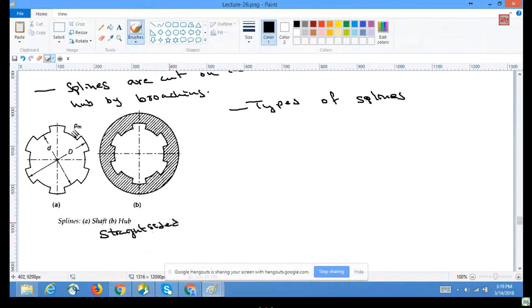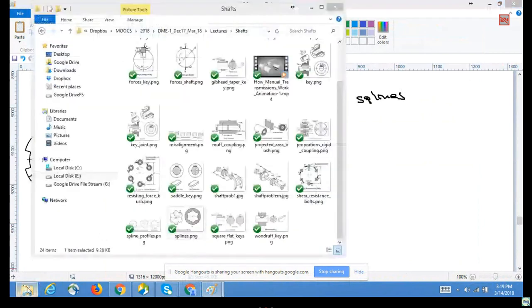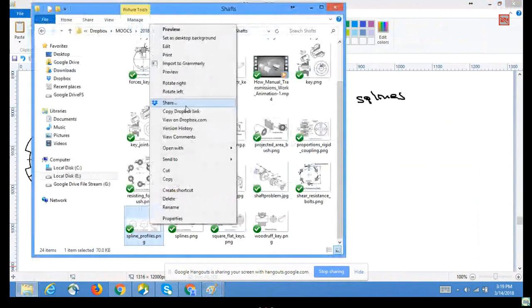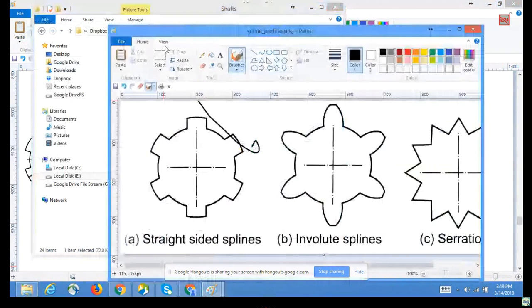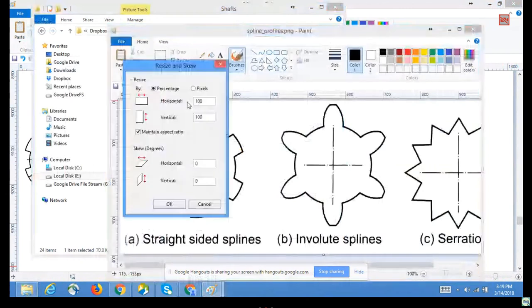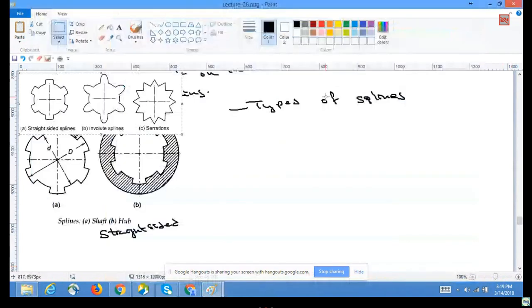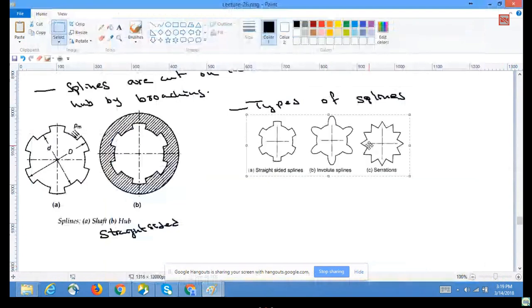Then there are involutes and serrations, which are like this. So these are straight-sided as I showed you, and you can have involute shapes or serrations as shown in this picture. We will see how straight-sided splines are designed in this course.